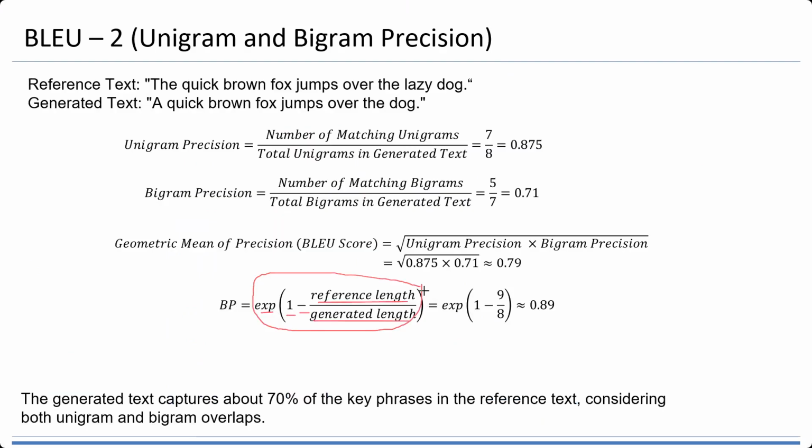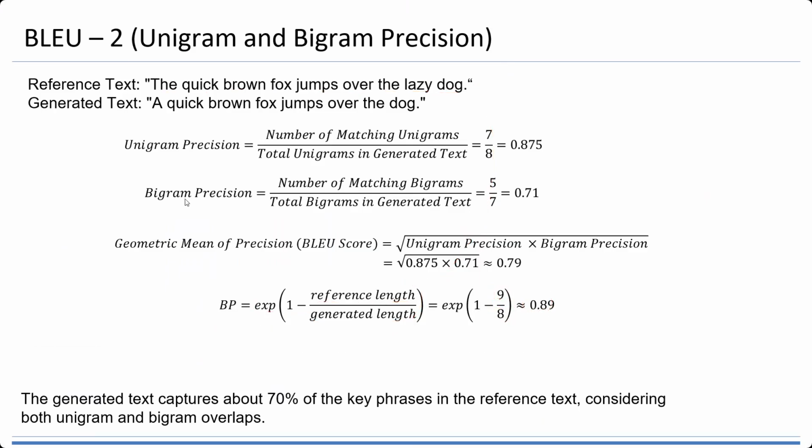The reference length means this one. We have 1, 2, 3, 4, 5, 6, 7, 8, 9. So there are 9 words in the reference, and the generated length is 8. If it were 1 minus 1, of course this would be 1. But because the lengths are different, we have some value, which is 0.89.